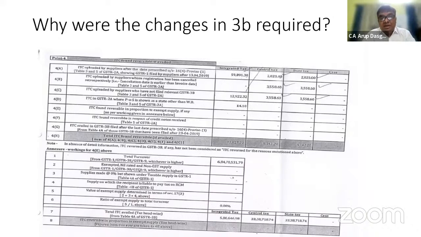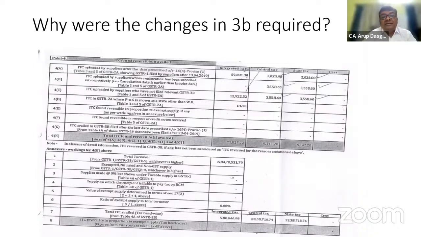So during that period, we availed the ITC just on the basis of our books, because at a particular point of time, we were told that GSTR 3B is going to come in. So when we were just tallying it with the books, we didn't check whether the supplier has uploaded the invoice or not.